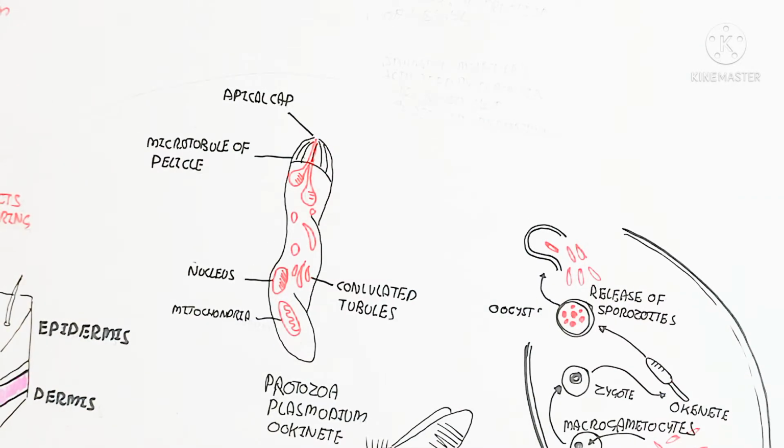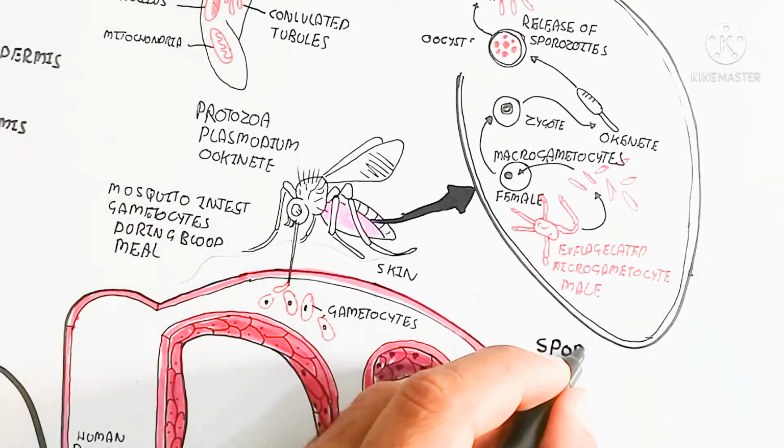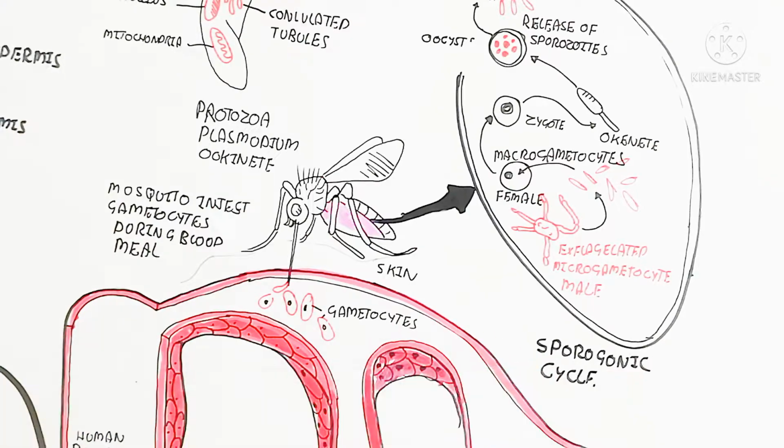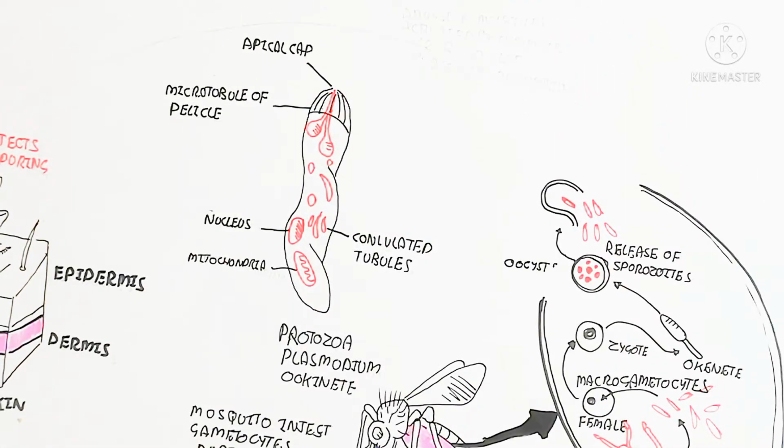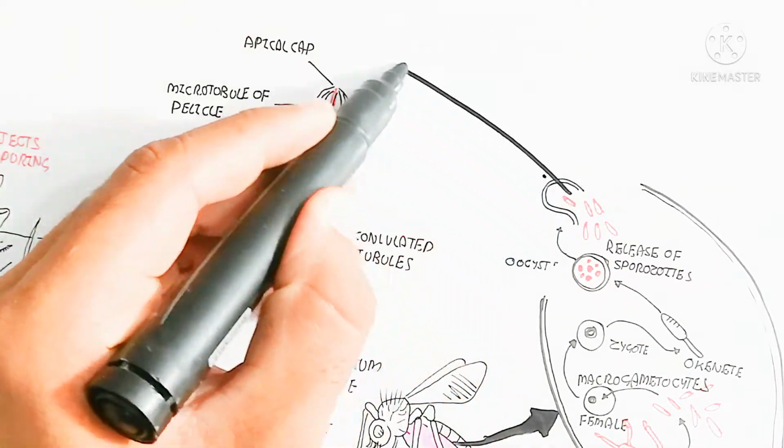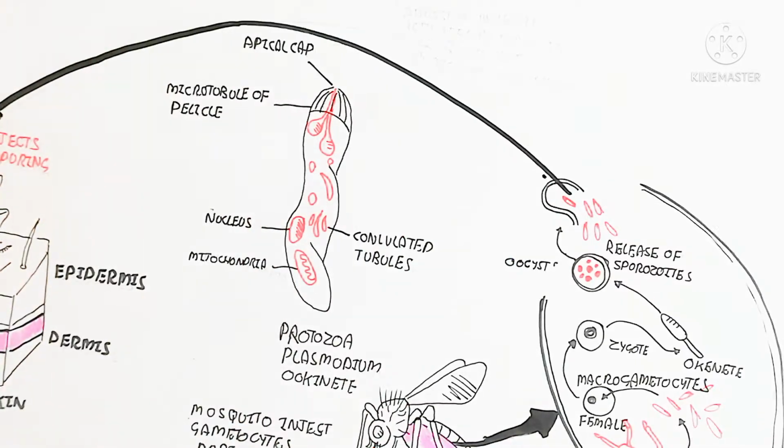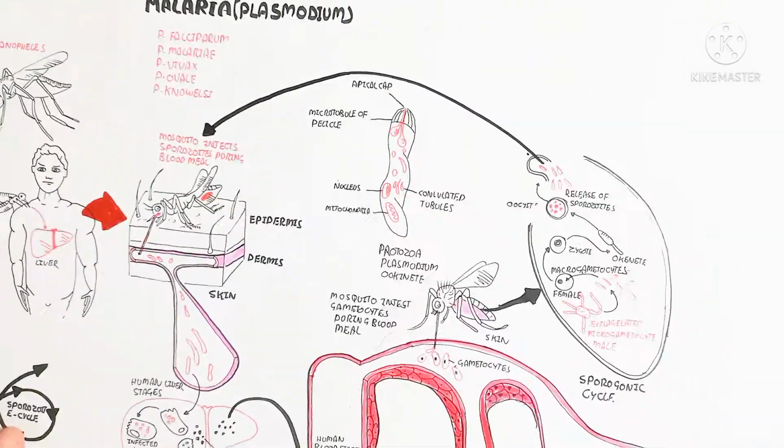The male and female gametocytes produce what is known as ookinete formation. After fertilization, the male and female form a zygote, and this zygote will convert into the ookinete and ultimately release sporozoites from the oocyst. The oocyst is non-motile, while the ookinete is motile.